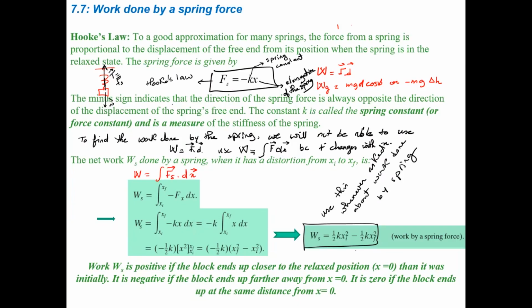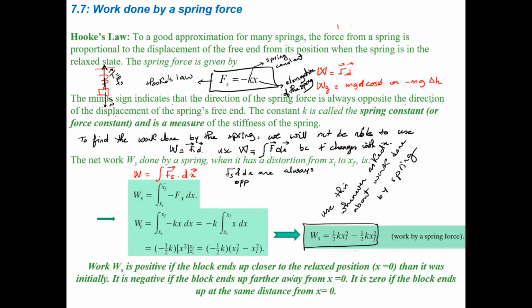Now I want you to see something. We were told before that the minus sign here indicates that the direction of the spring force is always opposite to the direction of the displacement. This means that Fs and dx, the displacement, are always opposite to each other.